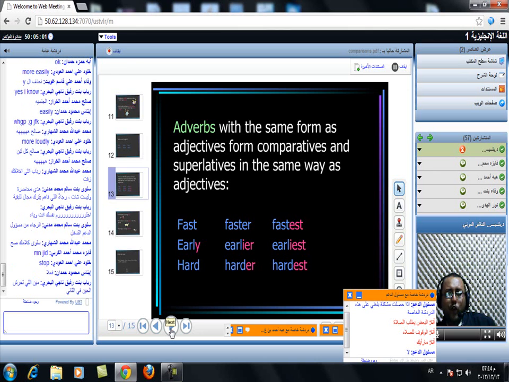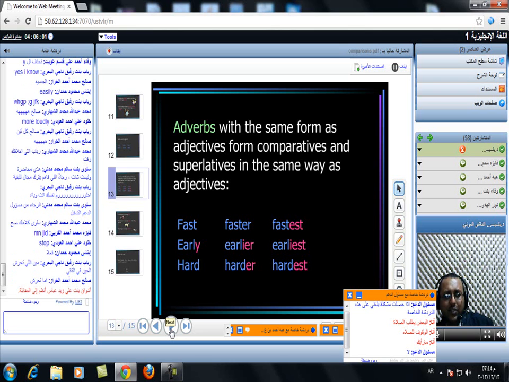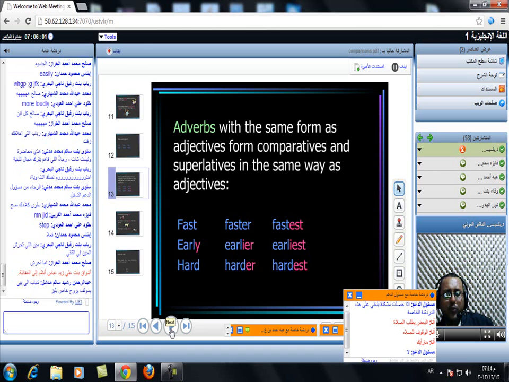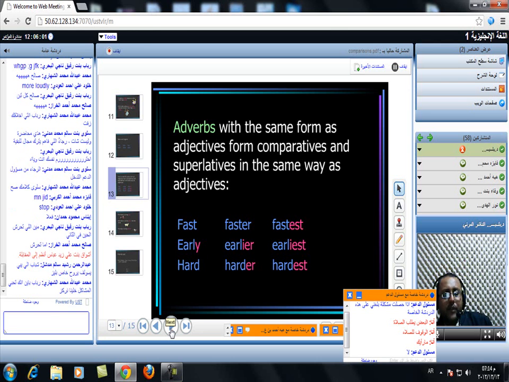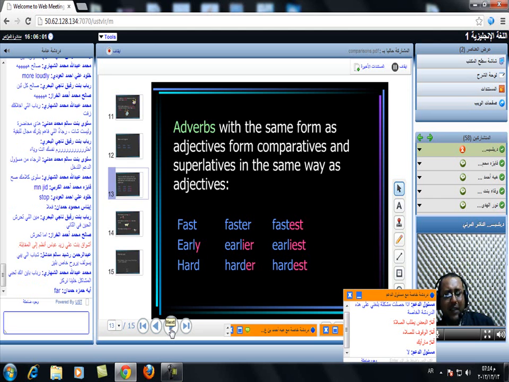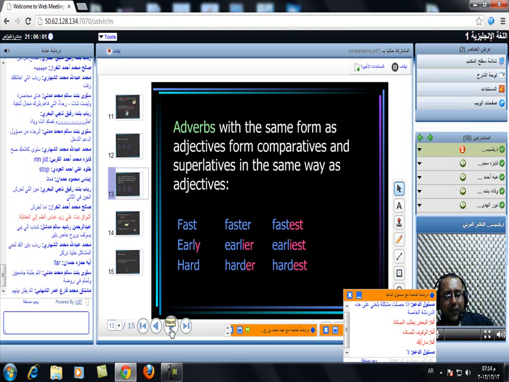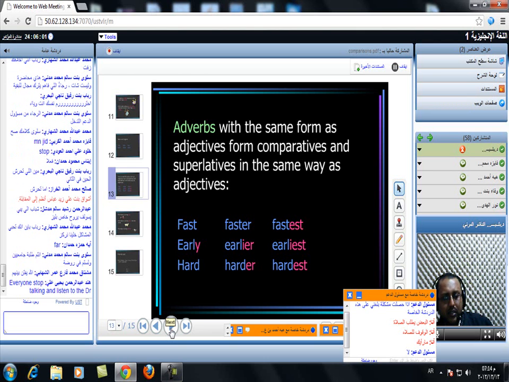Adverbs with the same form as adjectives form comparatives and superlatives in the same way as adjectives. أحيانا في معانا ظروف في الفورم حقها هي نفس الصفات. كلمة fast مثلا fast هي صفة وهي ظرف أيضا في نفس الوقت.